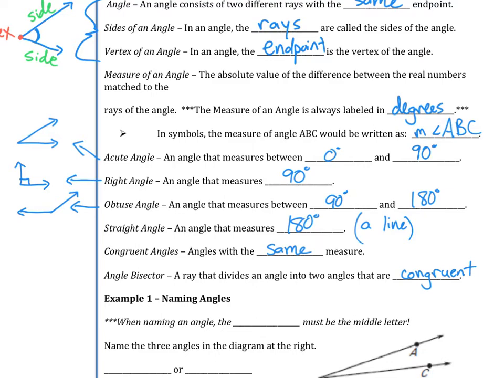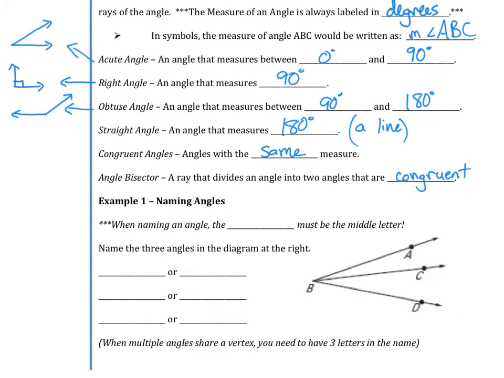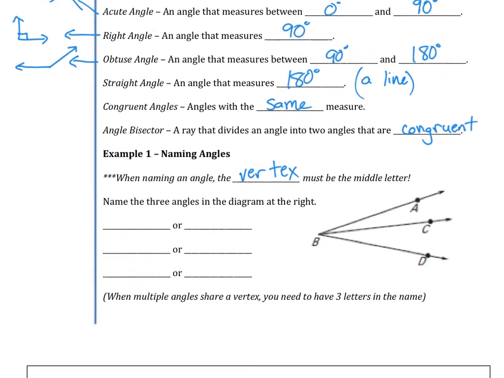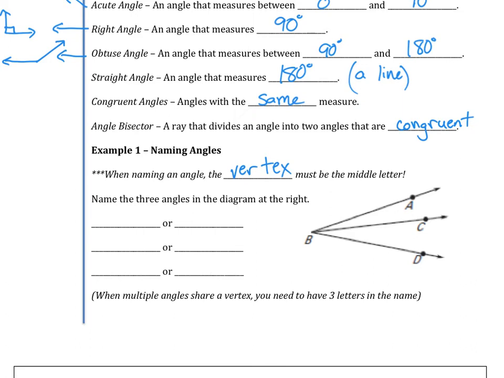So in example 1, when we're naming angles. When naming an angle, the vertex is always the middle letter. It has to be, or else you name it incorrectly. So if you look at the picture on the right, I'm going to do some highlighting. So let's do blue first.